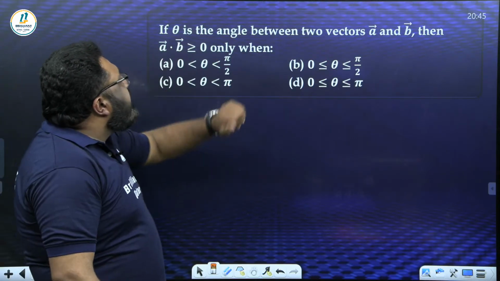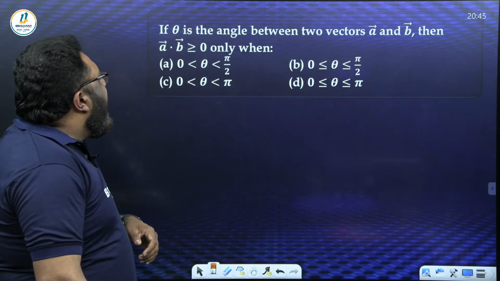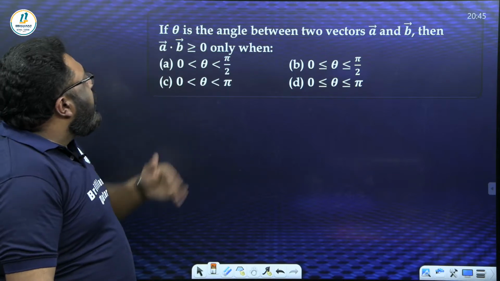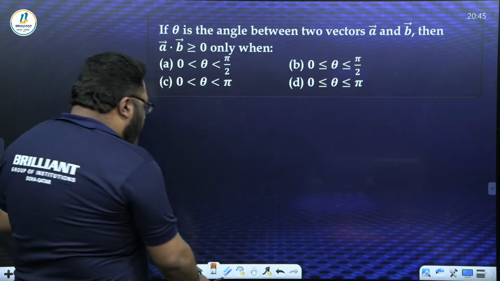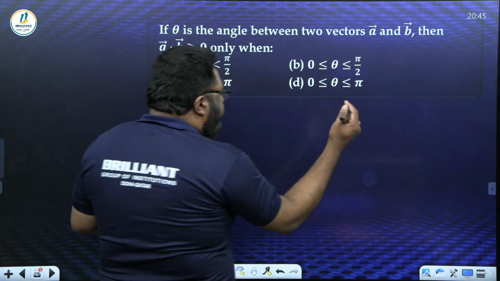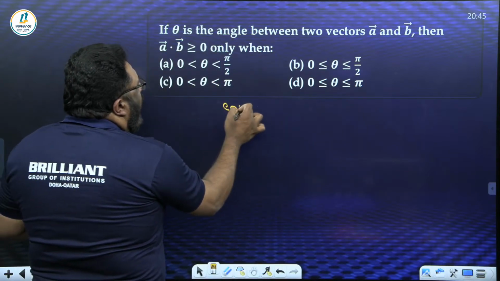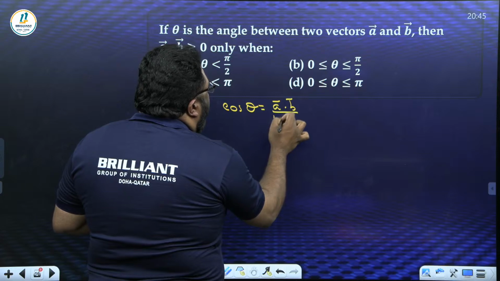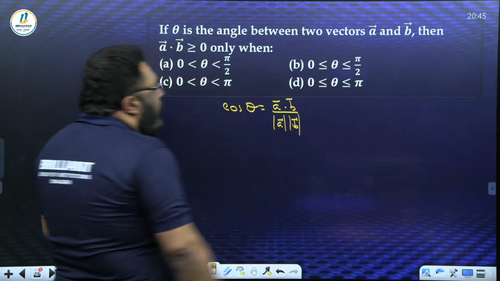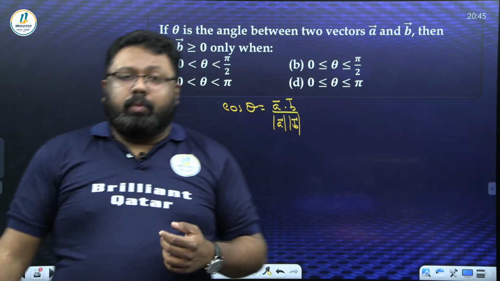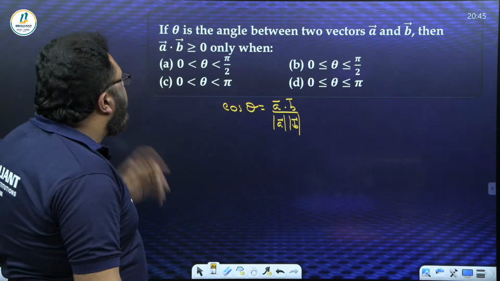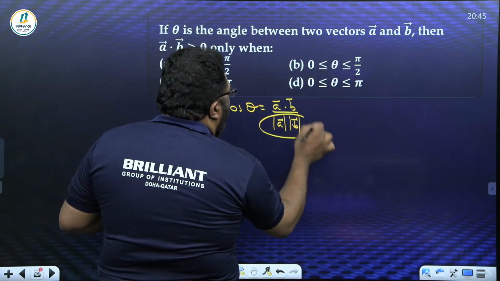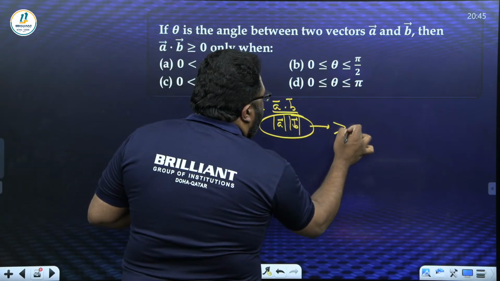If theta is the angle between two vectors A and B, and A dot B is greater than or equal to 0, when does theta lie between what? Simple. Cos theta is A dot B divided by magnitude A, magnitude B. The magnitudes of two non-zero vectors are always greater than 0.